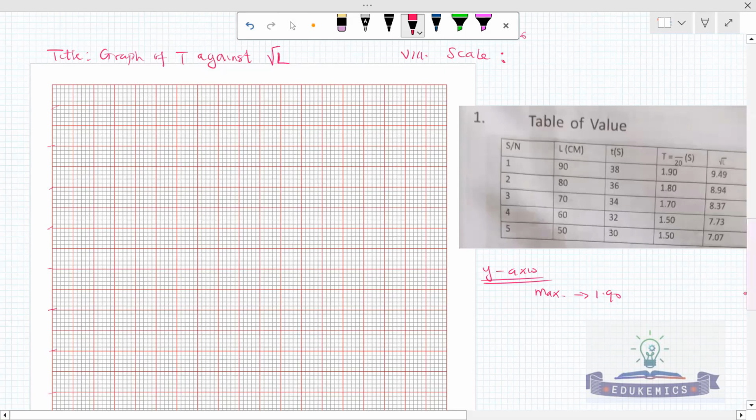So I'm dividing 1.90 by 10. So I'll have 0.19. Good, but I can't use this. It's not a good scale. So I can get an approximation. I can use 0.2. So I can use 2 centimeter to represent 0.2 units, or 1 centimeter to represent 0.1 unit.